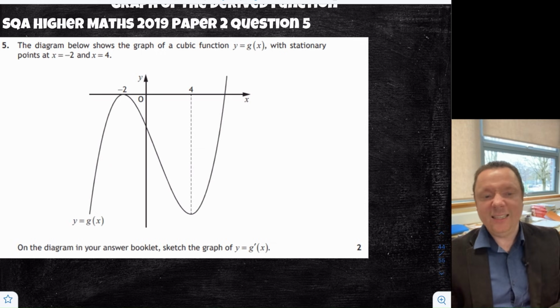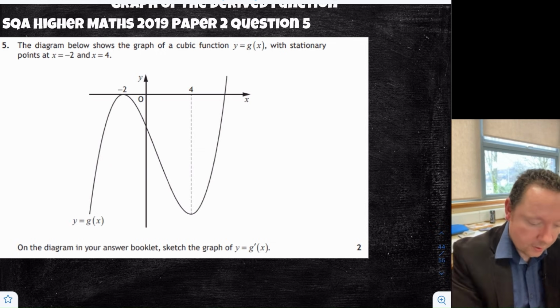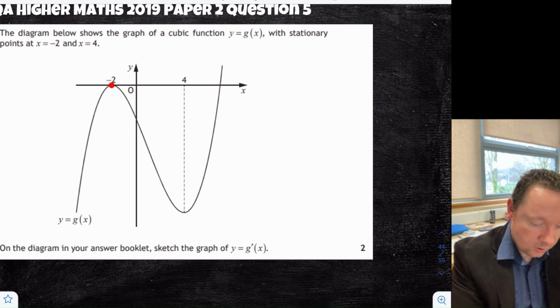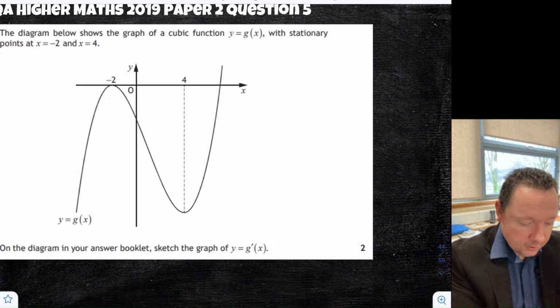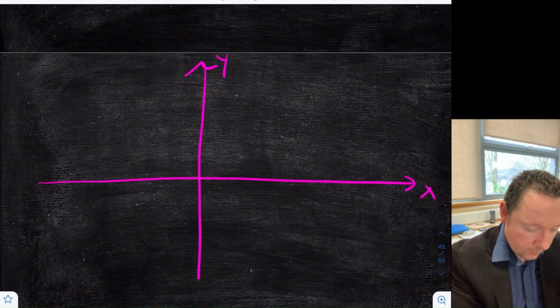And we really just need to identify the roots. Well, the roots happen at the turning points, because the derivative equals 0. I need to know that stationary points occur when dy by dx is 0, which means that these are my roots. So I get a root at minus 2 and a root up at 4.